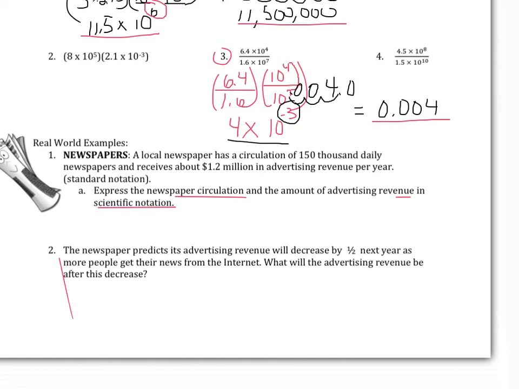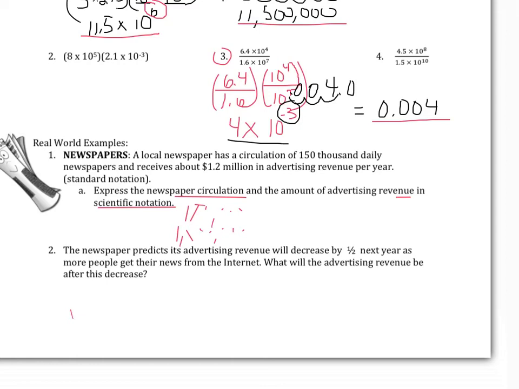So our circulation, they said, was 150,000, so we're going to write out 150,000. And our advertising is 1.2 million, so 1,200,000. And we're just going to rewrite these in scientific notation.